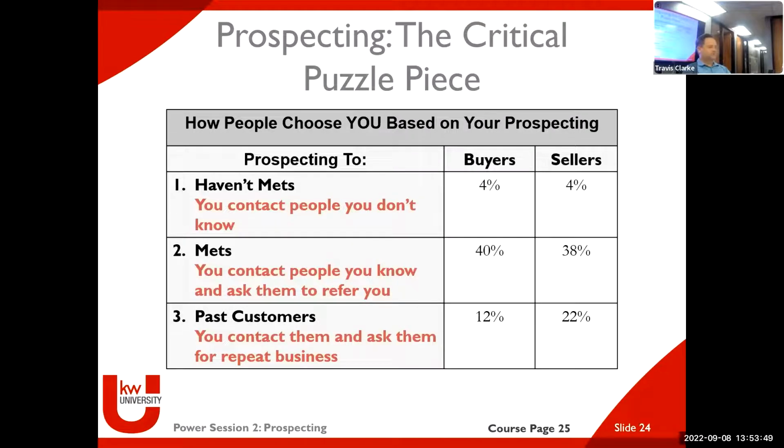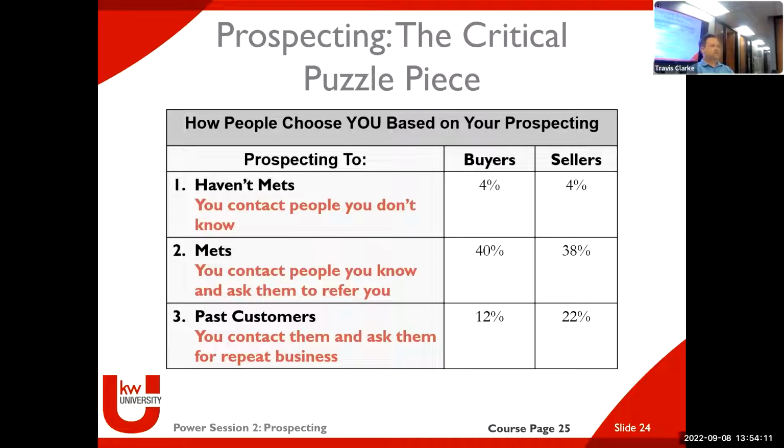So they talked about doing it a different way. People you haven't ever met, buyers and sellers, 4% of them, that would be your cold calling kind of scenarios, maybe even open houses. Then people that you contact, referrals, the numbers are the same.